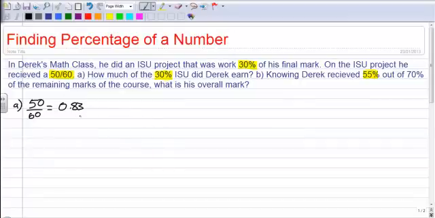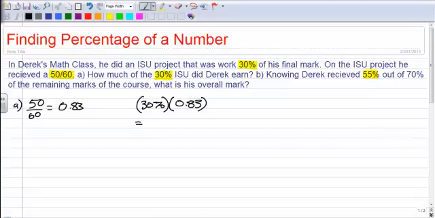So, we know that 50 out of 60 is equal to 0.83. Our ISU here is worth 30%. So if I want to find out how much of that he earned, I'm just going to take this 30 and multiply it by the 0.83. That's going to tell me what 83% of 30 is.